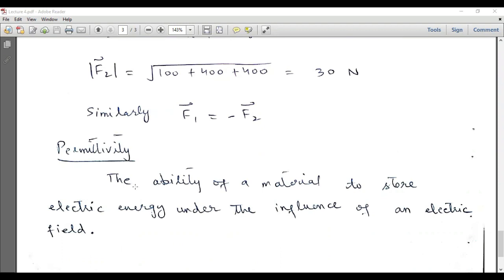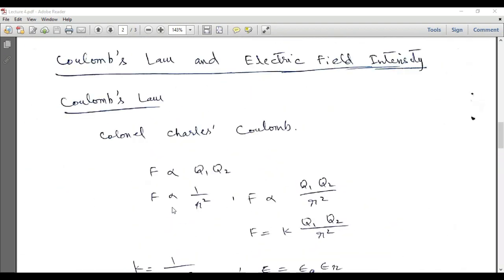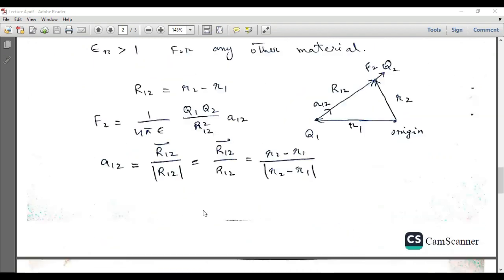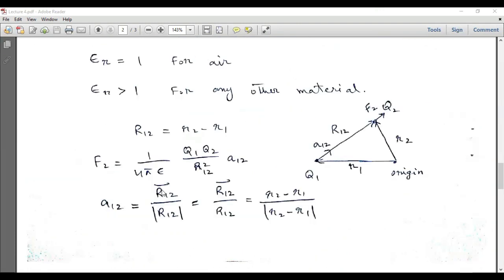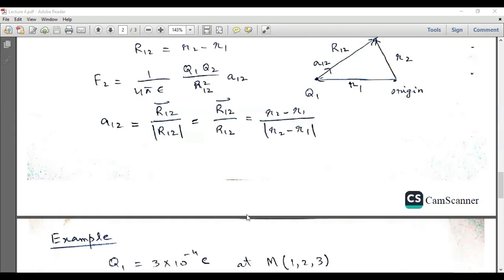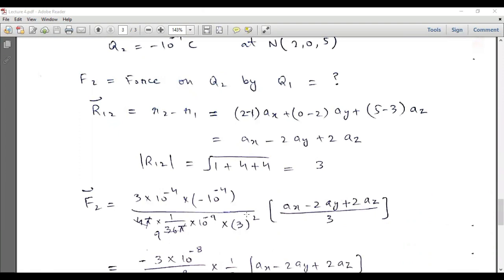The permittivity can be defined as the ability of a material to store electric energy under the influence of an electric field. This is Coulomb's law, and it is derived only for static charges. It gives us the electrostatic force between two charges, and it also considers the direction of force for different polarities of the charges.